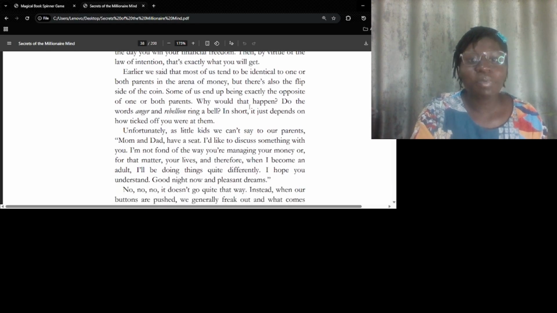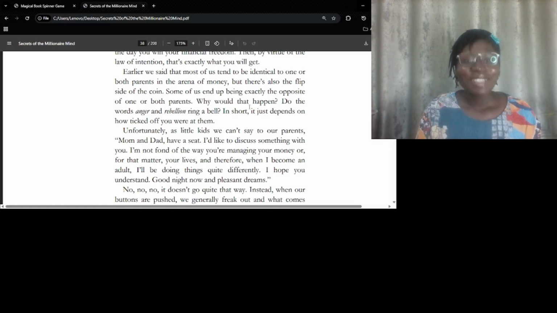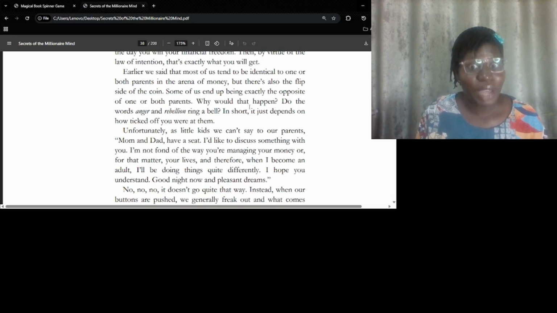Earlier we said that most of us tend to be identical to one or both parents in the arena of money. But there is also the flip side of the coin. Some of us end up being exactly the opposite of one or both parents. Why would that happen? Do the words anger and rebellion ring a bell?